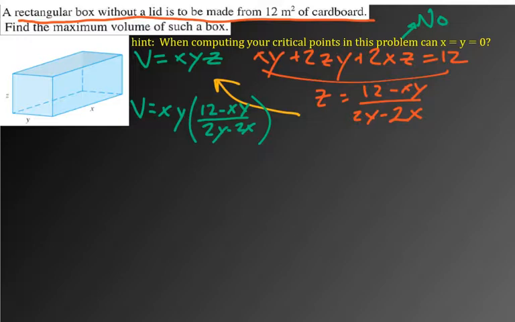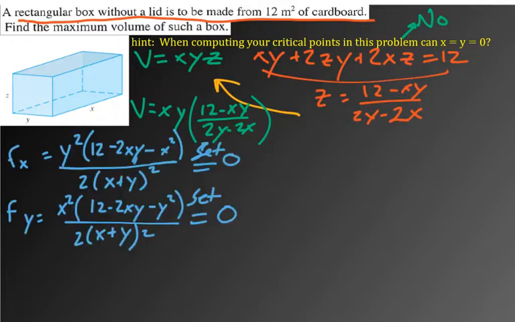And then that thing is basically what I need to take my partials of, right? So for the sake of time, I'm going to write down what you get when you take your two partials. All right, so we're setting those both equal to 0. And so what this is saying is that if a fraction equals 0, then the numerators are the things that have to be 0.